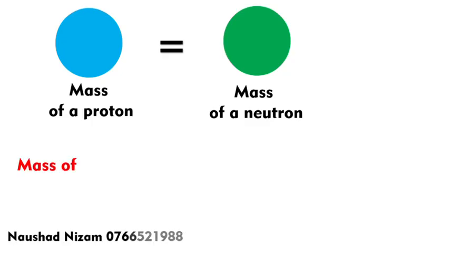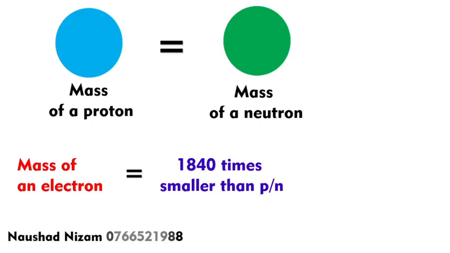But what do you think about the mass of an electron compared with a proton and a neutron? Remember, electrons are 1840 times smaller than a proton or neutron. That means they are very tiny.